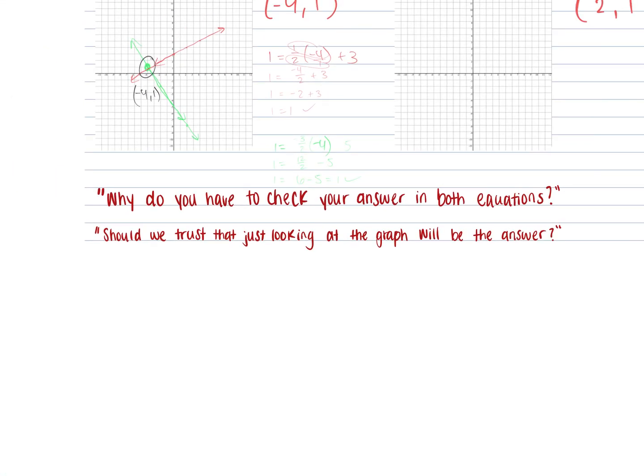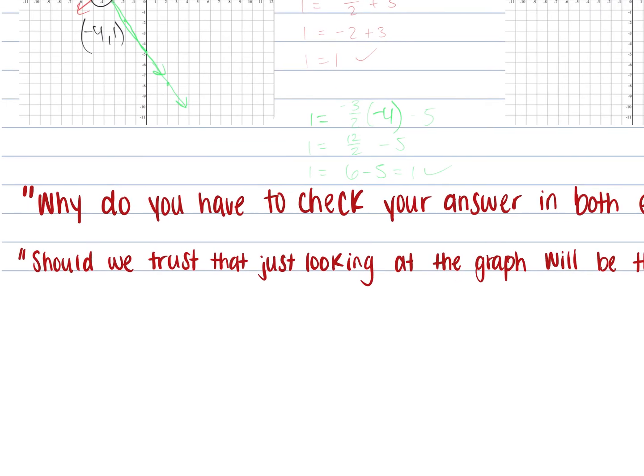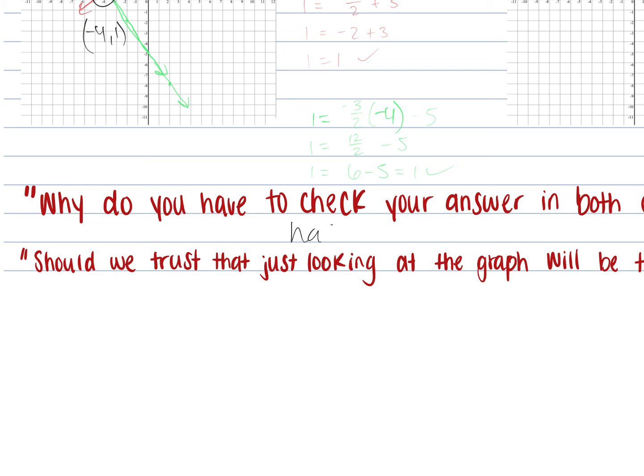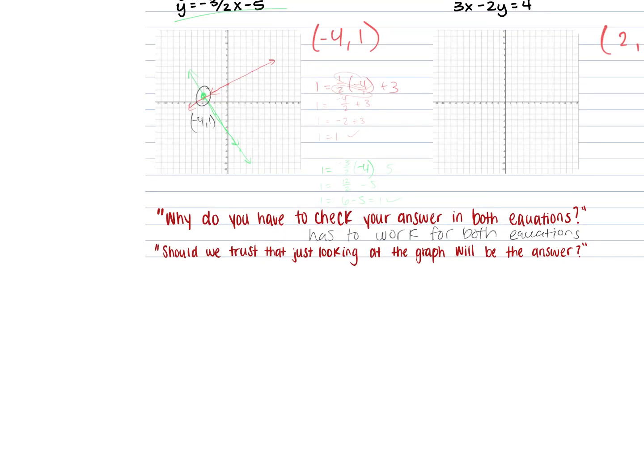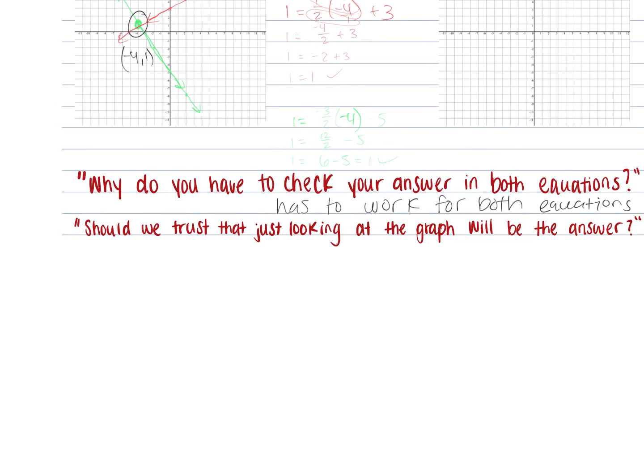The two questions at the bottom, why do you have to check your answers in both equations? Because if it's a solution of the system, it has to work for both equations. And the second question, should we trust that just looking at the graph will be the answer?